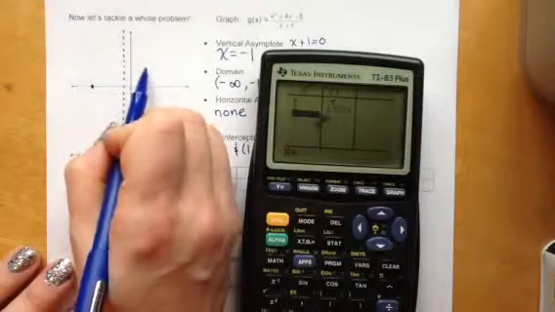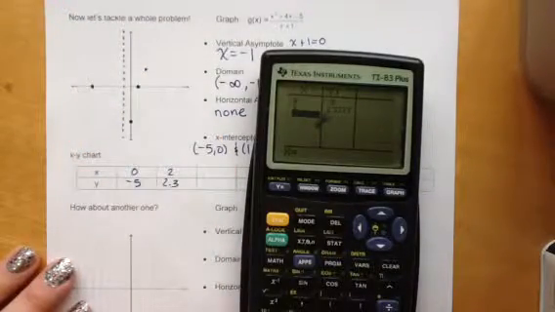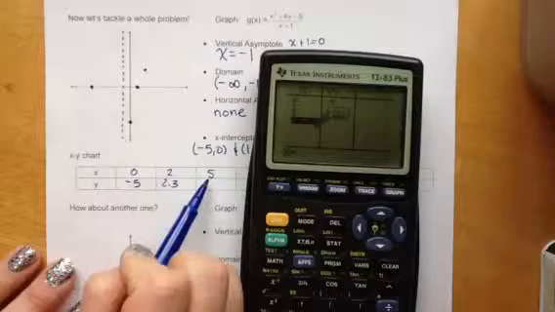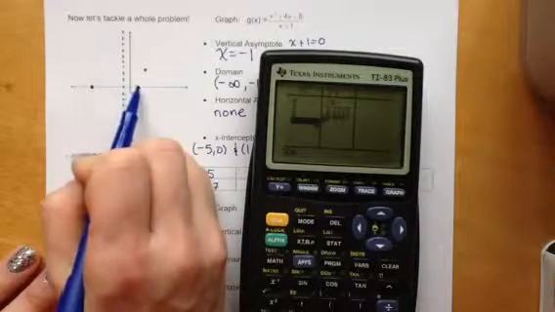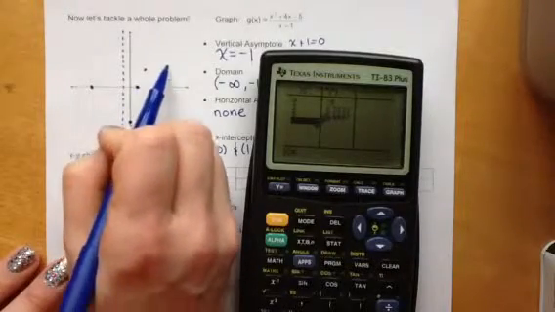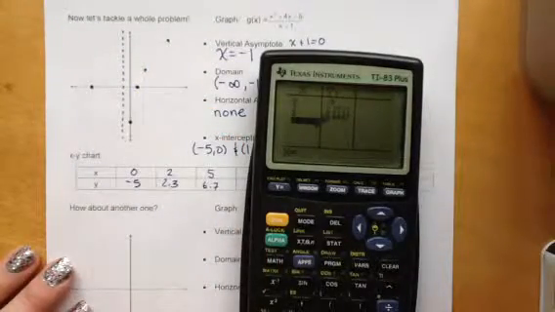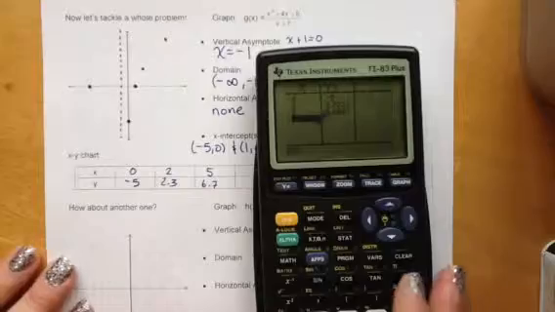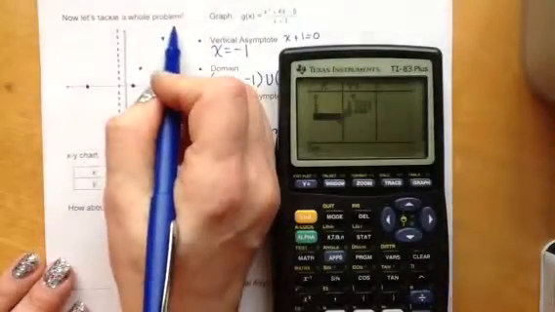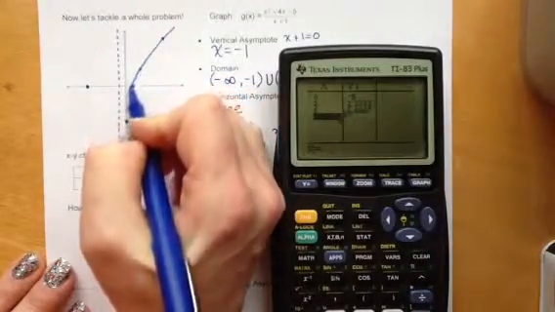Let's see what happens if I put in 5. I get 6.7. I'm getting a pretty good picture of what's going on this side of my graph. I can go ahead and connect those dots.